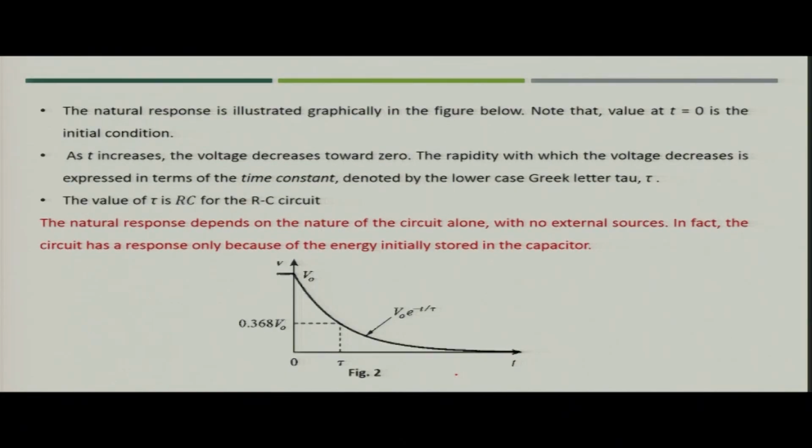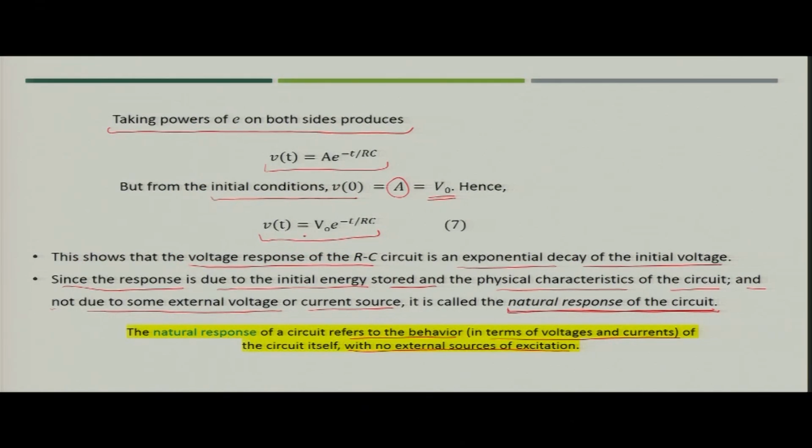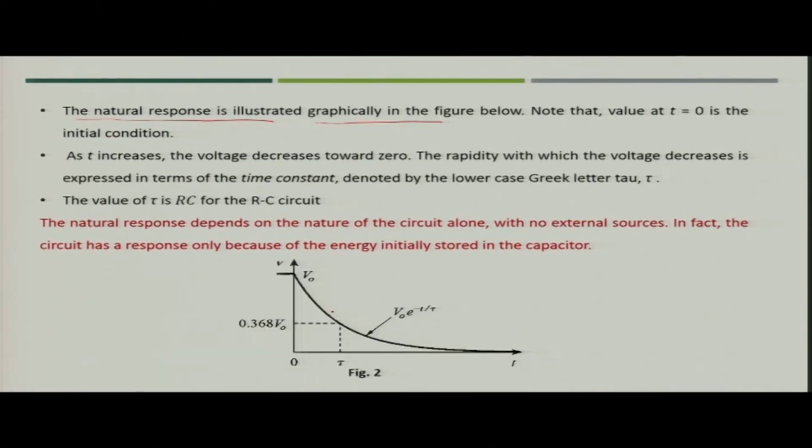Now, how will you represent it graphically? When you represent the natural response graphically, it will look like the figure shown below. Here you have the component v(t) is equal to V naught e to the power minus t by RC.